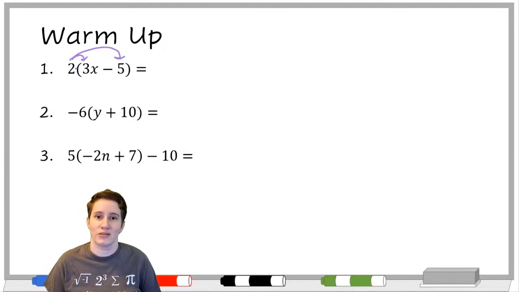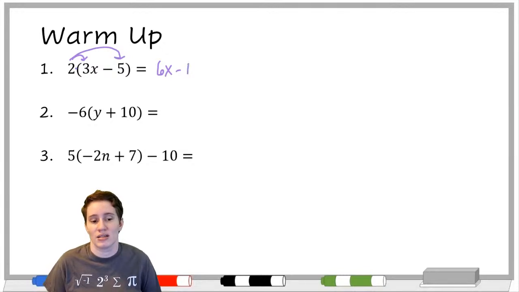So if I have 3 xylophones and I get twice as many xylophones, I have 6 xylophones. So that's 6x. Then I'm going to do 2 times -5. Make sure you pay attention to the fact that this minus sign is here, and I get a -10. So if you were like, I don't remember how to distribute, and now you remember, you might think about pausing and trying the next one on your own.